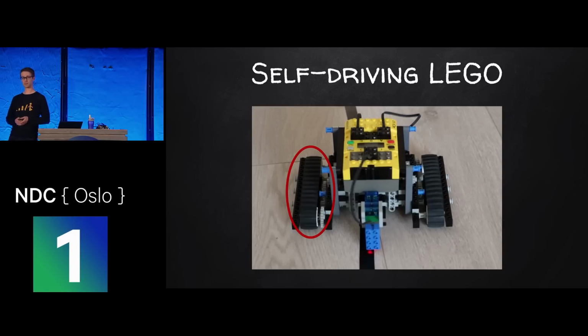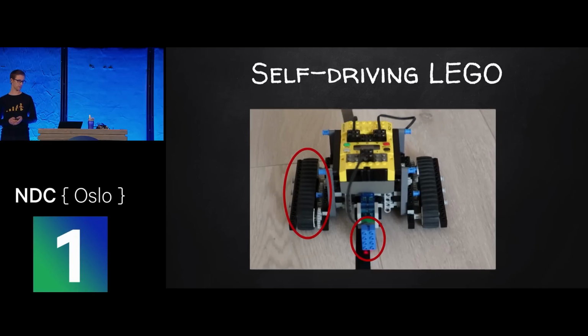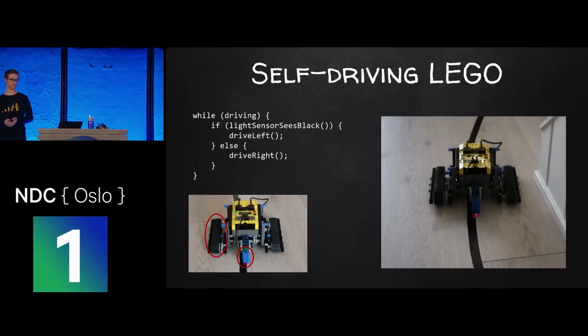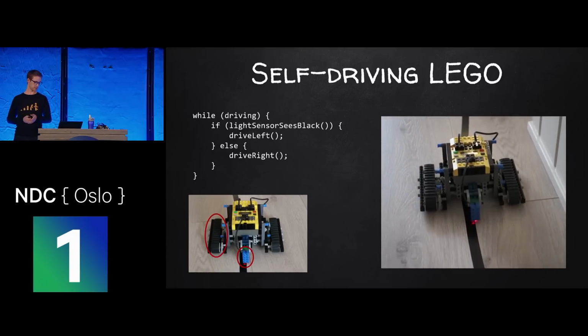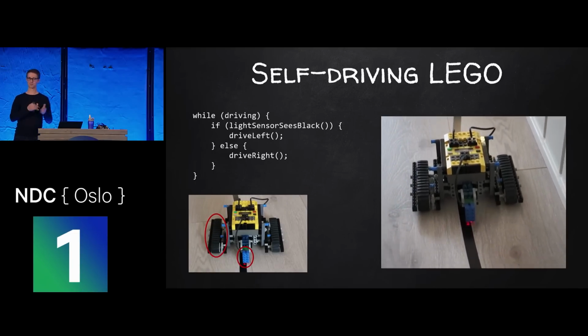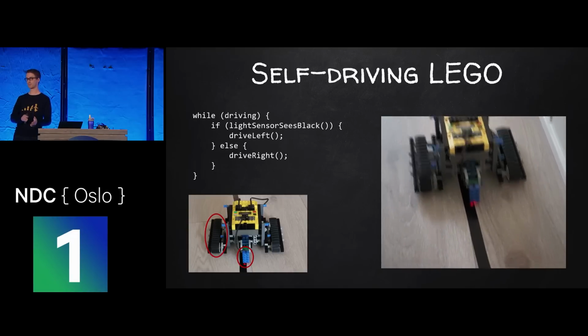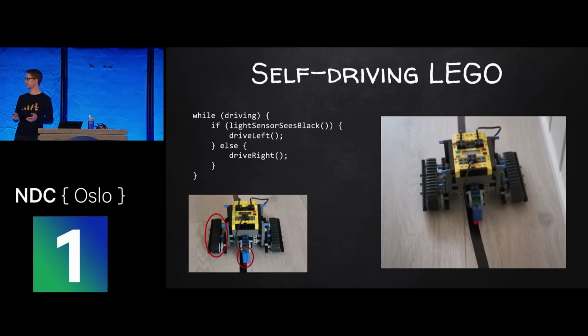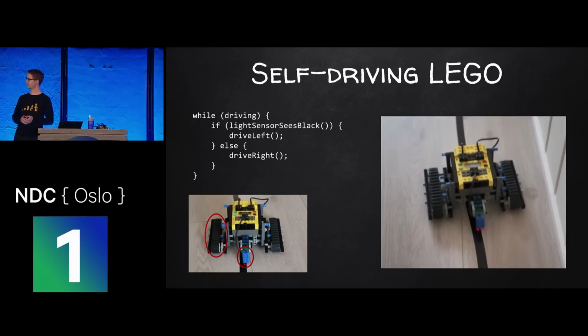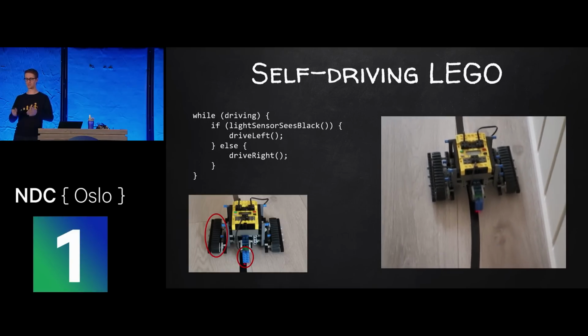It had tracks and a light sensor. Then you can use a fairly simple algorithm that says when the light sensor sees black, then drive left. If not, then drive right. And we see here that it is actually working. It moves in a bit of a wiggly motion, but again, it's working.